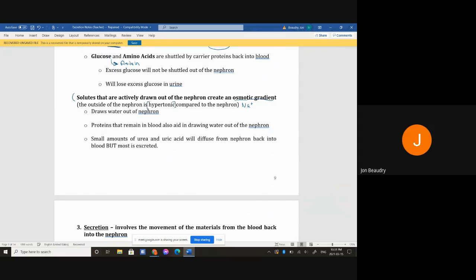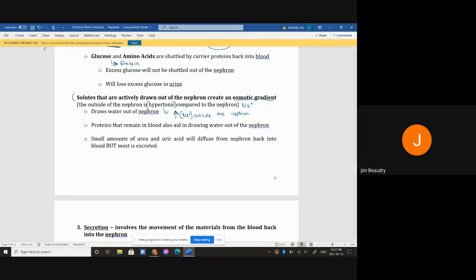This is a term that hopefully we recognize from Science 10 or from Chemistry 20. What this means is that the outside of my nephron, more specifically my interstitial space, is hypertonic compared to the inside of my nephron. That means that there is an increased concentration of sodium ions outside the nephron.